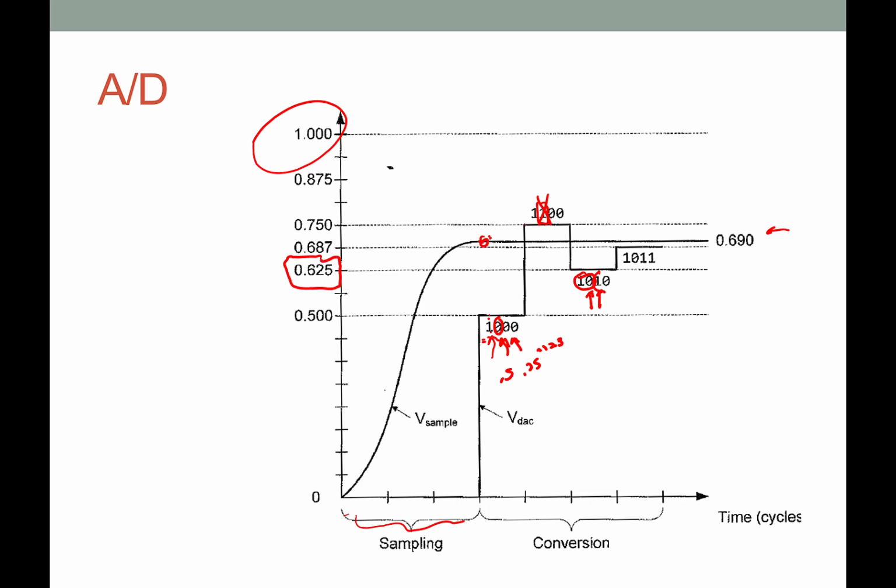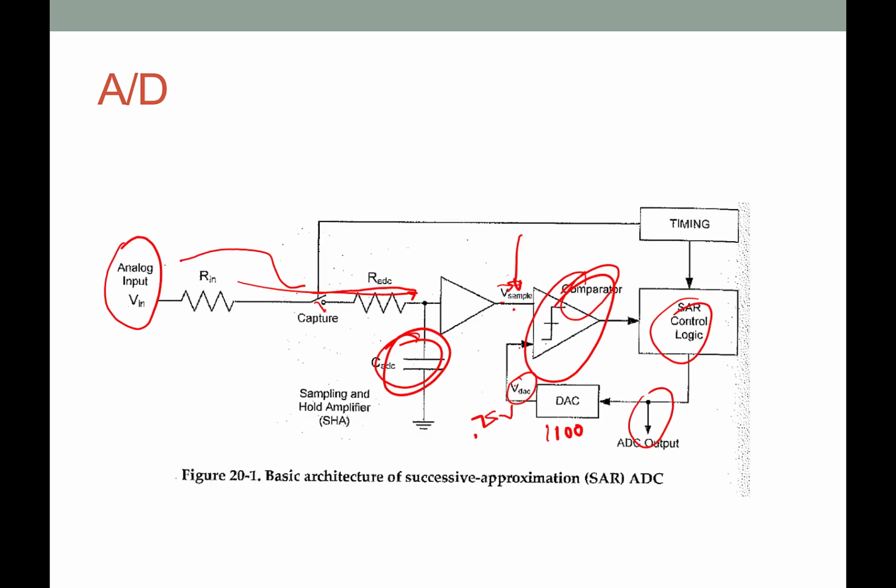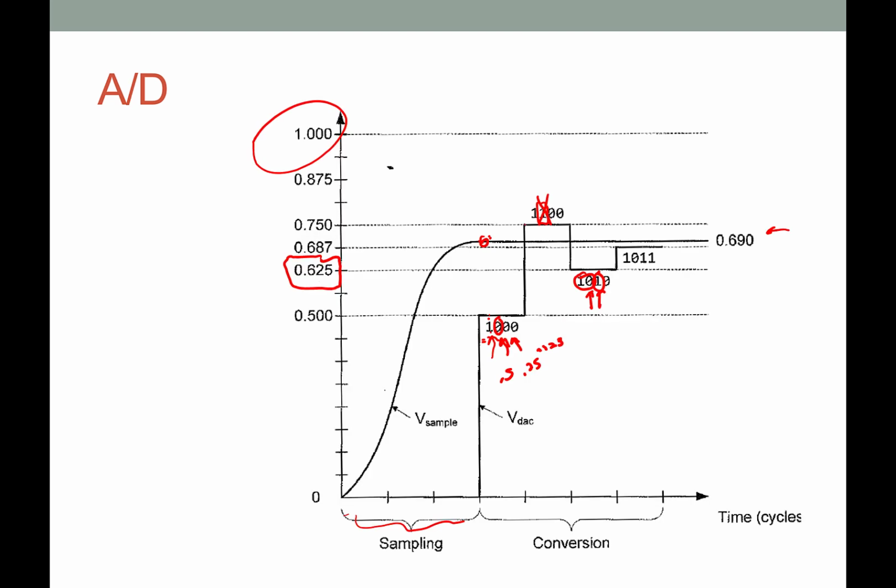So this 0.625 volts, is that value bigger or less than the sample? Well, this value is less than the sample, so what does that mean? It means that that 1 is correct for that bit.